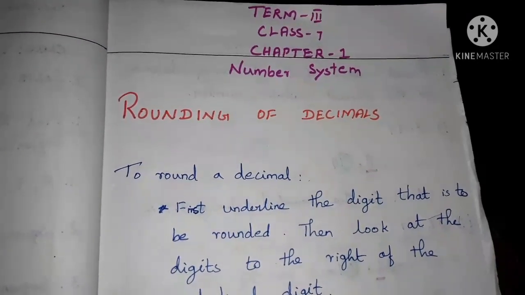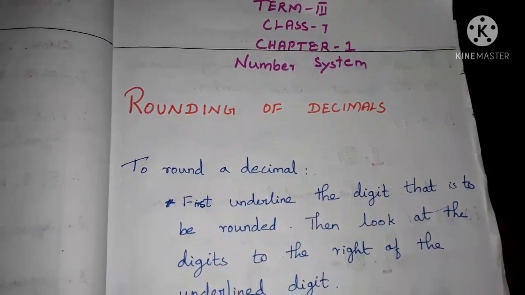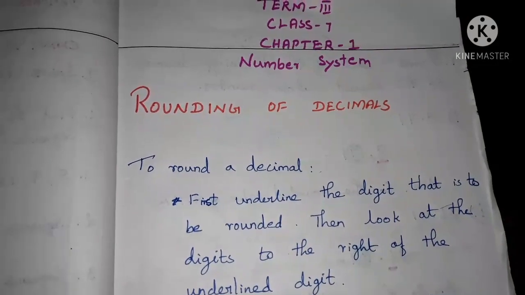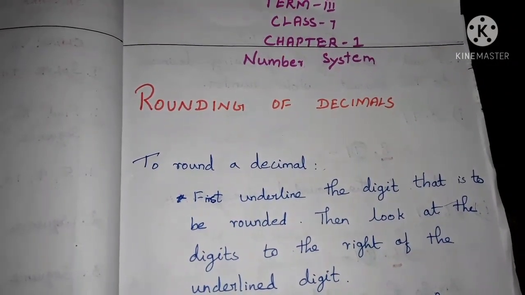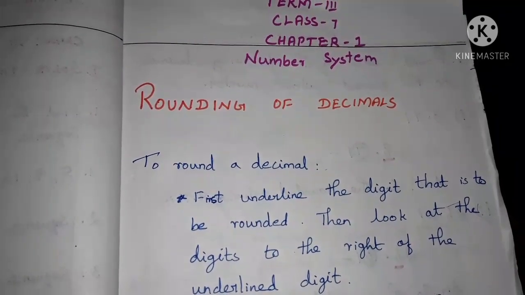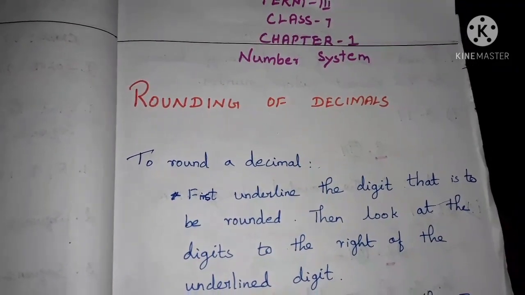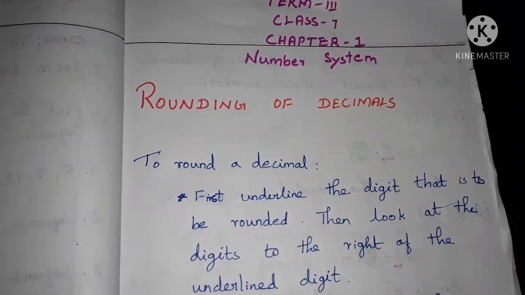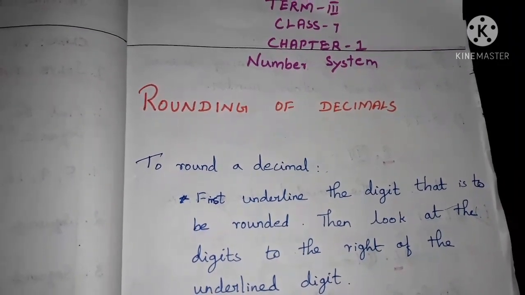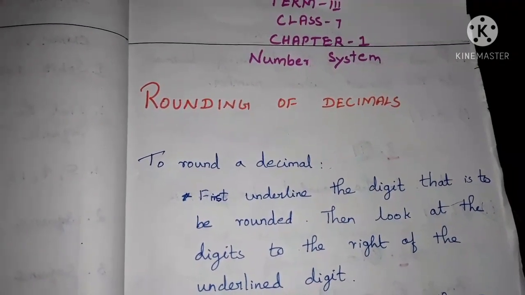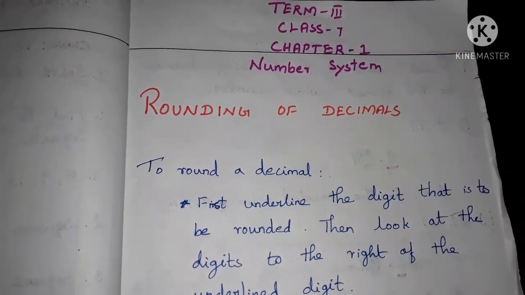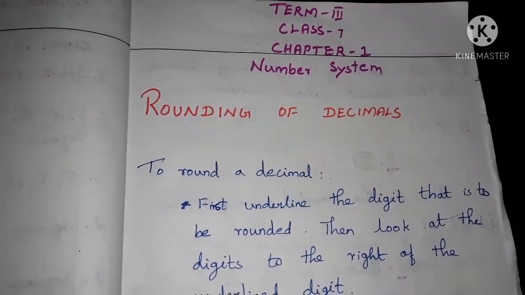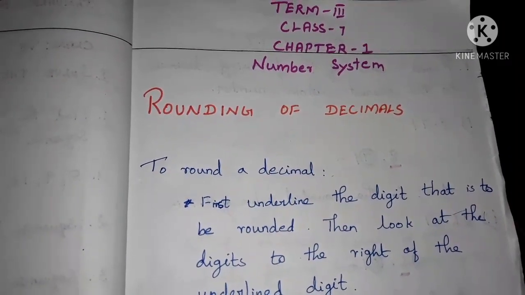The shopkeeper gets it from the wholesaler for 8 rupees 50 paise, or 9 rupees 50 paise. How much does he sell to us? Yes, he sells us 1 kg for 10 rupees. Like that, we estimate the values and say it in short form. Instead of 9 rupees 50 paise, we say it is 10 rupees.